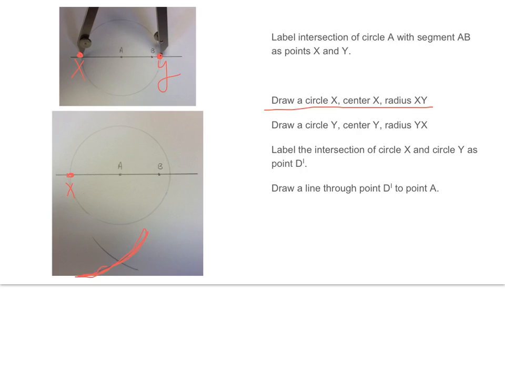And then I'm going to draw a circle Y, center Y, radius YX. So that is this circle right here. Label the intersection of circle X and circle Y as point D prime. So right here I have D prime.